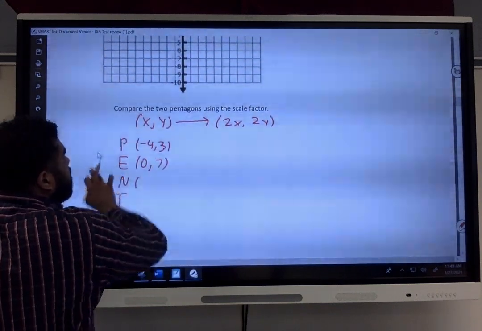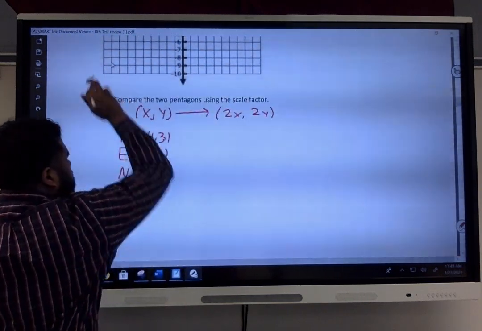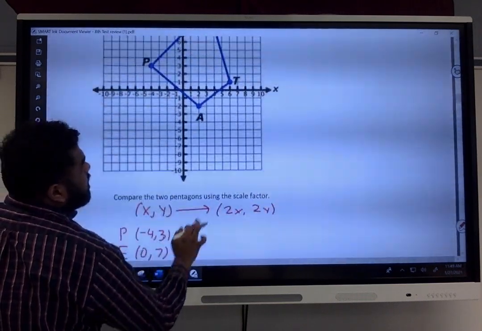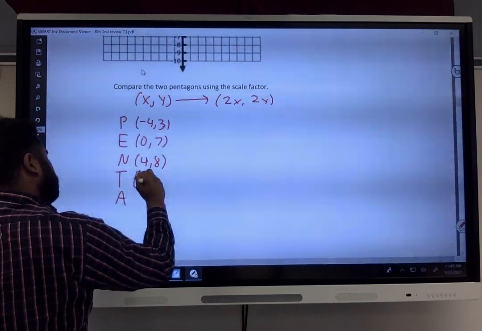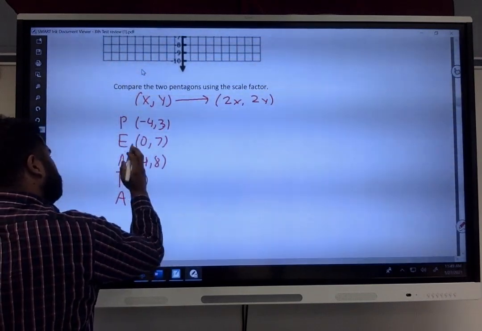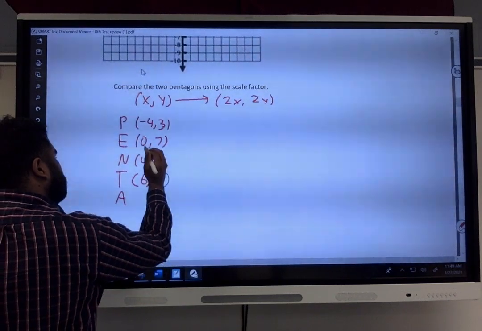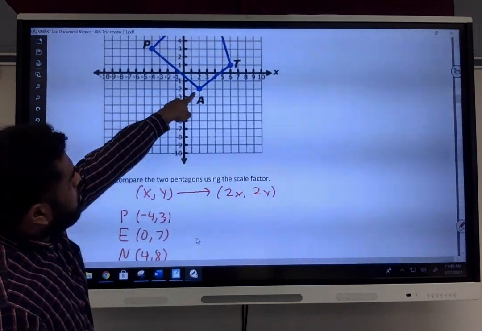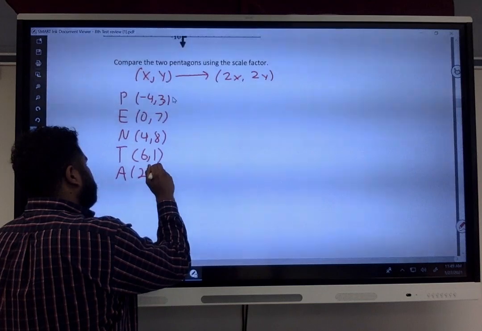N is at 4 and 8. T is at 6 and 1. And then A is at 2 and negative 2.